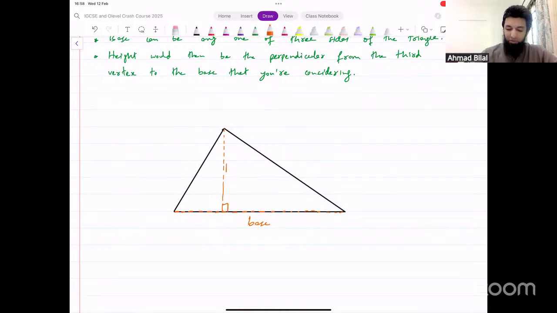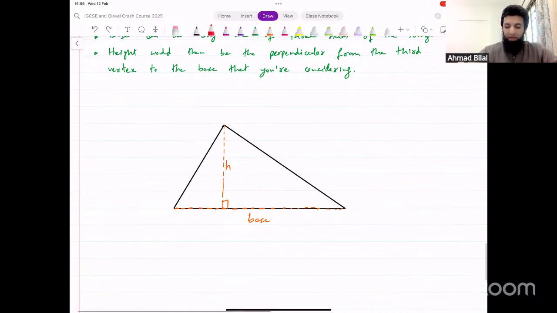This is going to be taken as the height, with respect to this horizontal base. If I were to consider another side, I could also consider, for instance, this side as the base. Then what is the height going to be? Height is going to be the perpendicular that's coming from the third vertex.